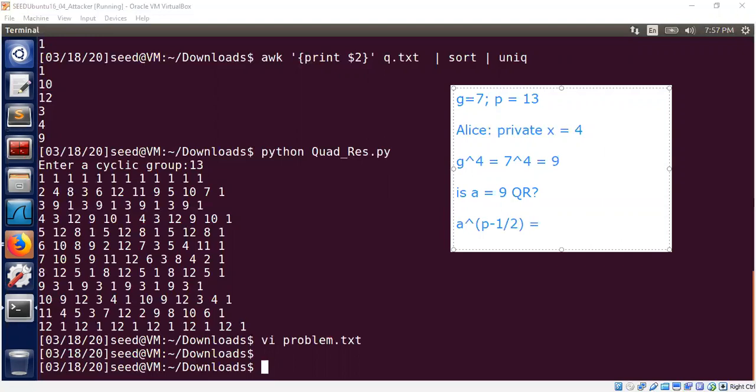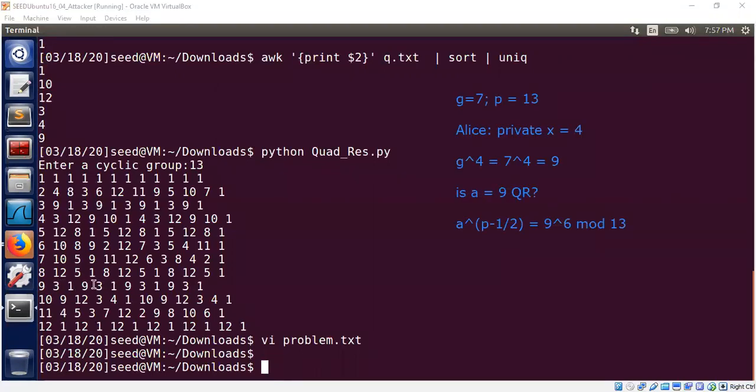So I plug in the numbers: 9 power (13 minus 1)/2. 13 minus 1 is 12, 12 by 2 is 6. Okay, 9 power 6 mod 13 is what I'm working with. We can find 9 power 6 easily from my table here. What is 9 power 6? It is nothing but 1, because this is where you're seeing 1.